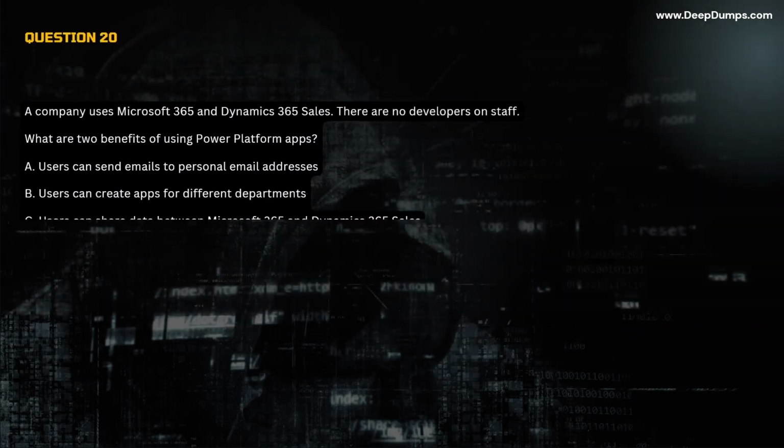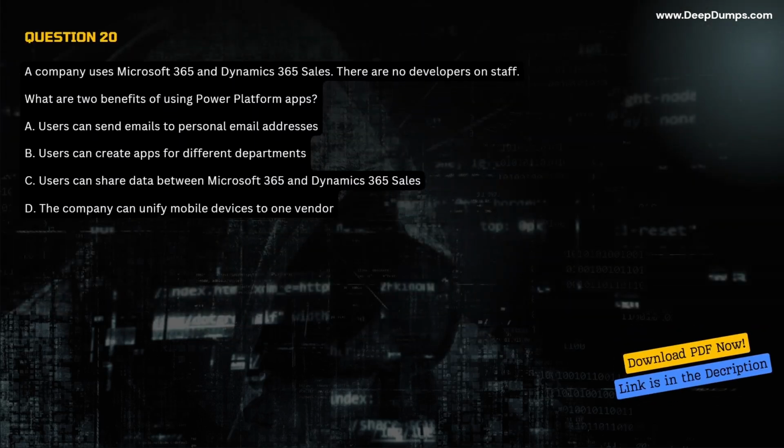Question 20. A company uses Microsoft 365 and Dynamics 365 sales. There are no developers on staff. What are two benefits of using Power Platform apps? A. Users can send emails to personal email addresses. B. Users can create apps for different departments. C. Users can share data between Microsoft 365 and Dynamics 365 sales.